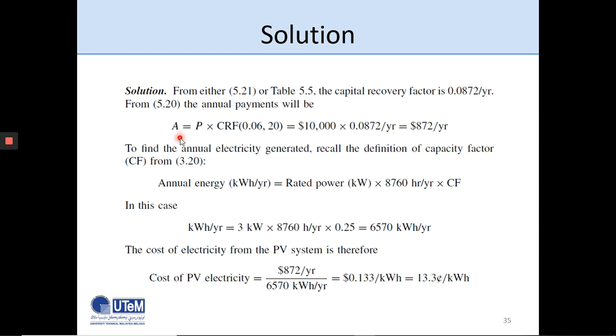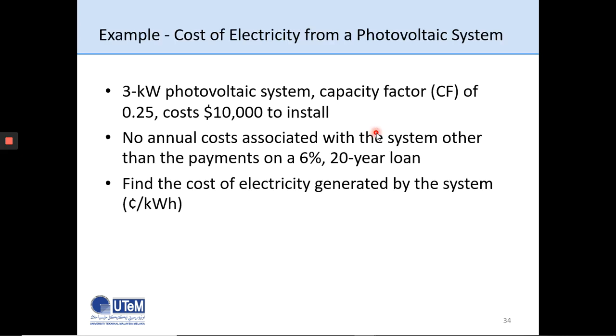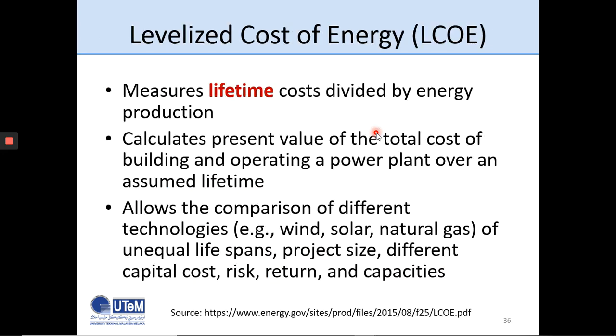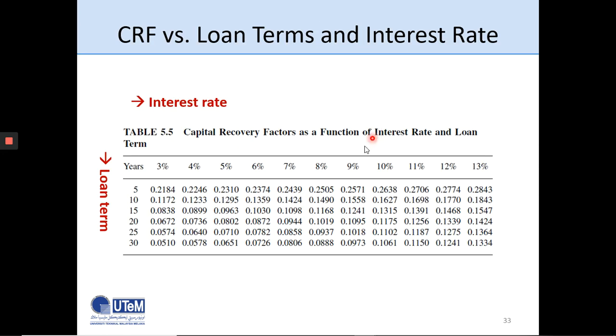First we calculate the amount of annual payment that we need to pay each year throughout the 20-year period. We have the present value 10,000 and the capital recovery factor for 0.06 and 20 years, which is 0.0872. Where do we get this value? We get it from the previous table: a 20-year loan at an interest rate of 6%.